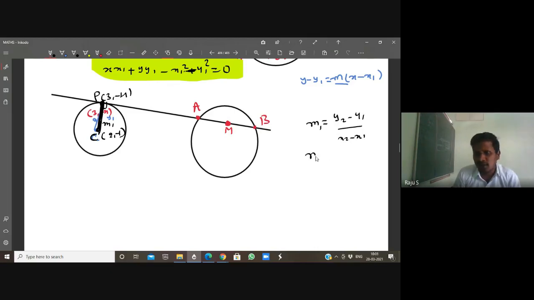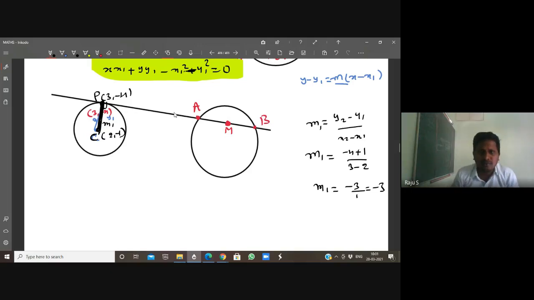So minus 4 minus minus 1, that is minus 4 plus 1, by 3 minus 2. M1 is minus 3 by 1, that is minus 3. So the slope of CP is minus 3.